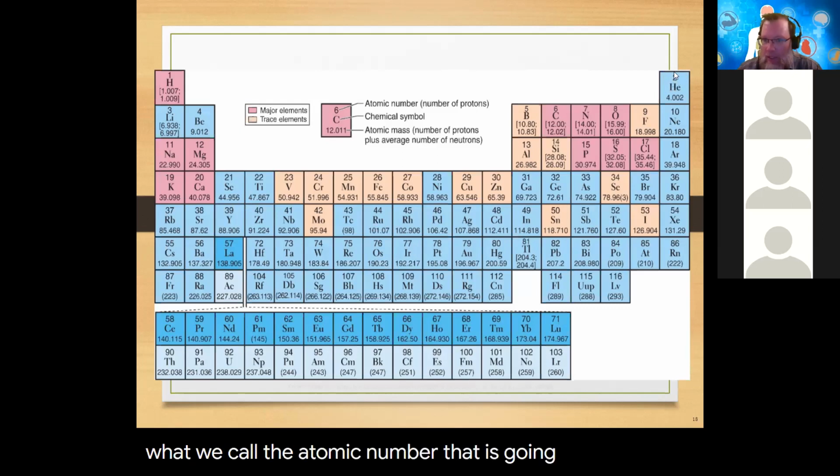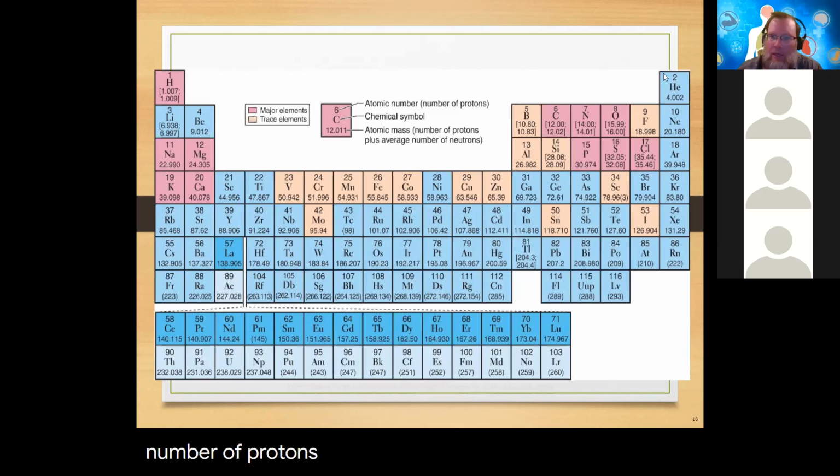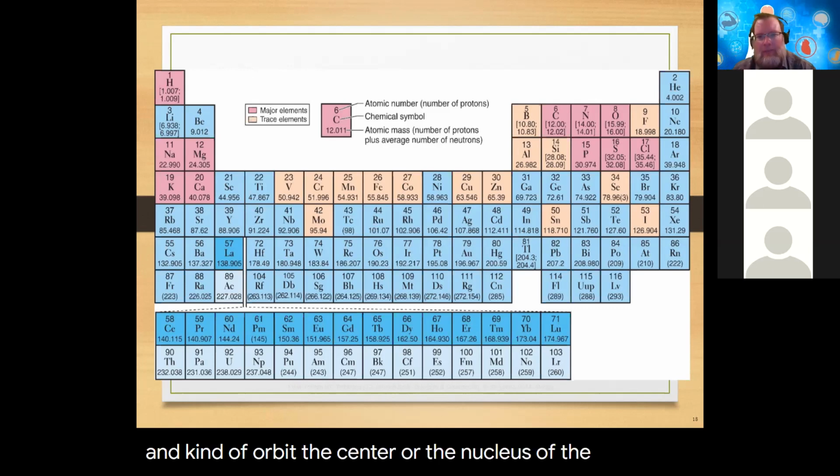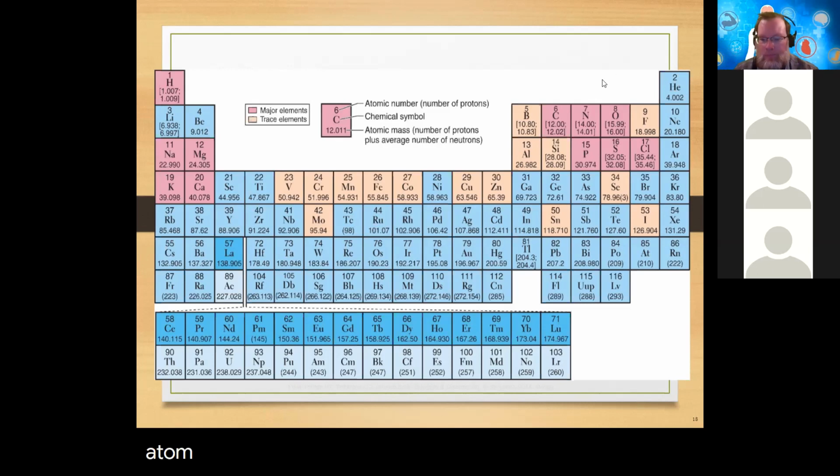That is the number of protons in the nucleus of the atom. So helium is going to have 2 protons. That atomic number, that number of protons, is also the same number of electrons. And electrons float around and orbit the center, or the nucleus, of the atom.